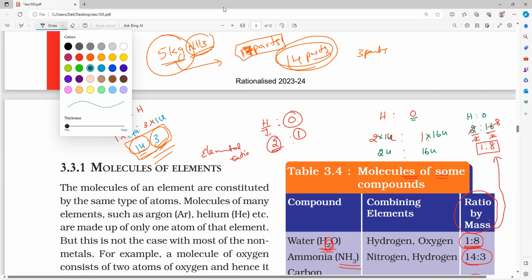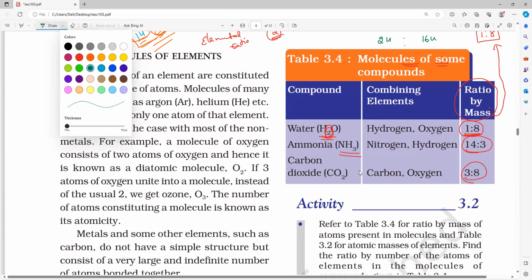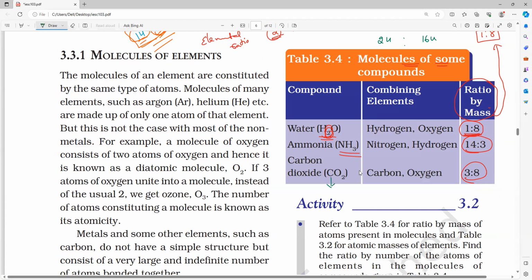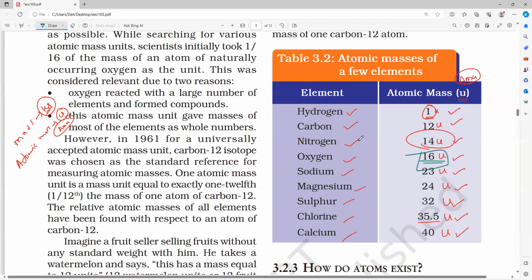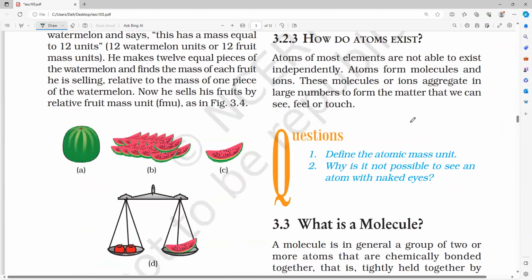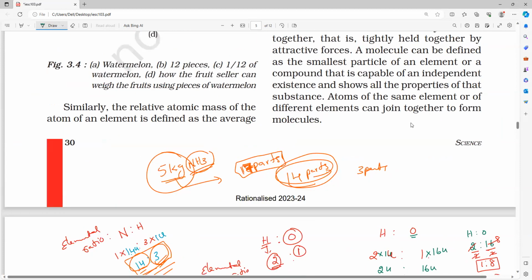Next, carbon dioxide. Check carbon dioxide. How many carbon atoms? 1. How many oxygen atoms? 2. What is the carbon atomic mass? Verify. 12. What is the oxygen atomic mass? 16. So 1 into 12 is to 2 into 16.